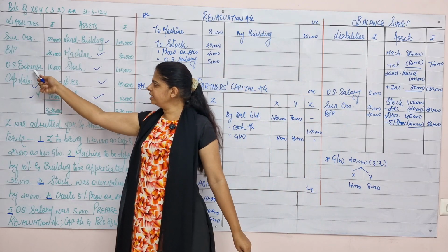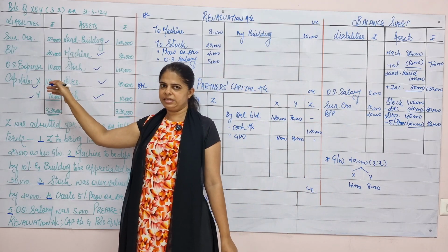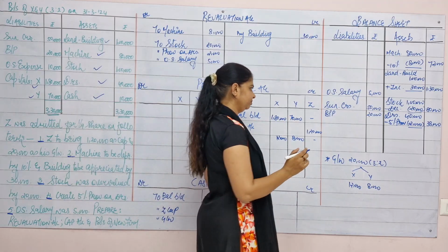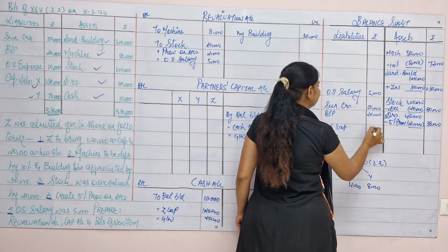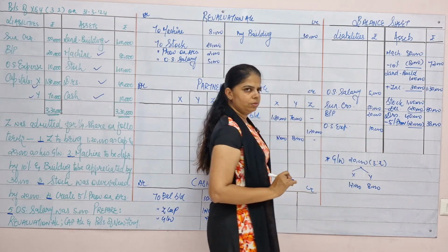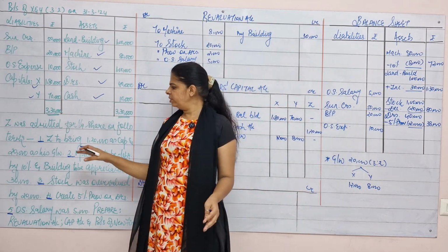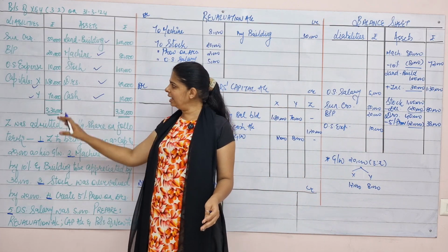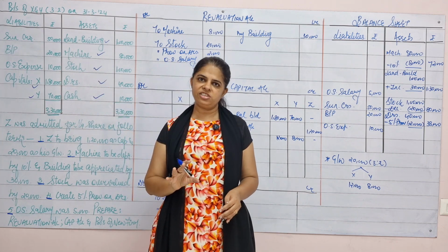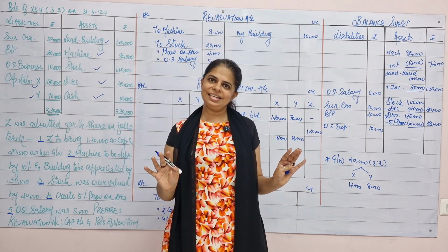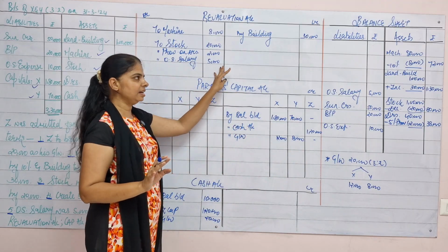Then you had outstanding expenses of 10,000. Pick it, drop it. So outstanding expense 10,000. So by now you have done all the adjustments and you have sorted out all the items of your balance sheet as well. Once everything is done, then start closing accounts.